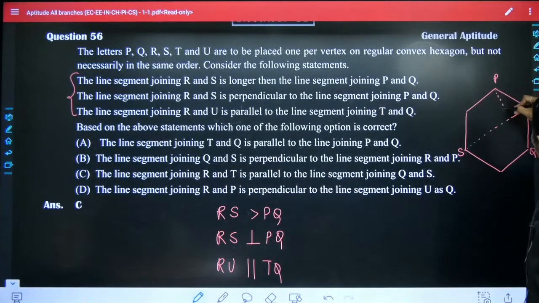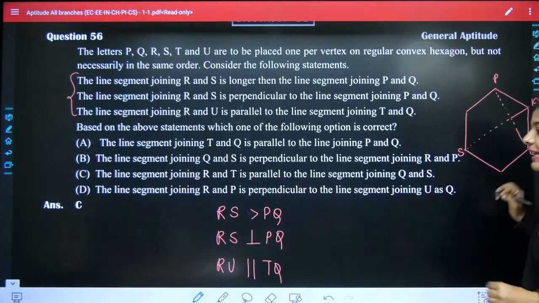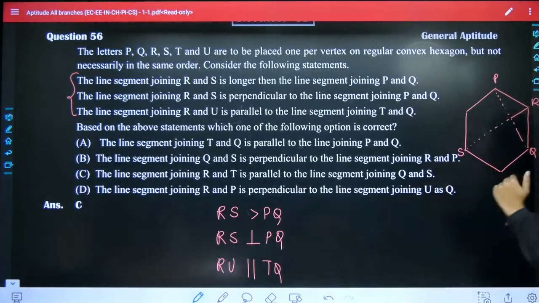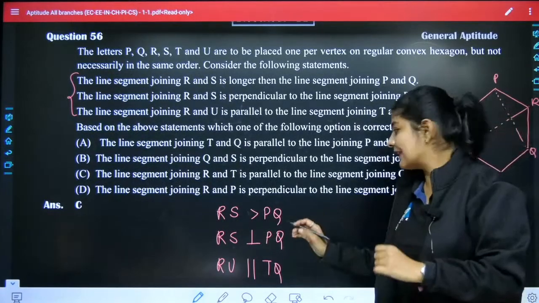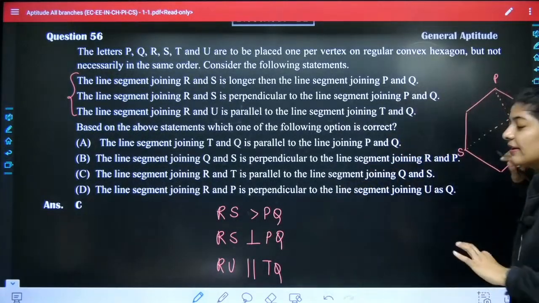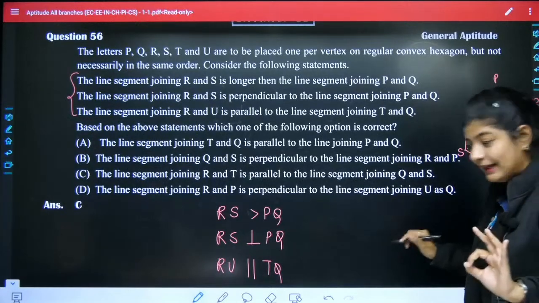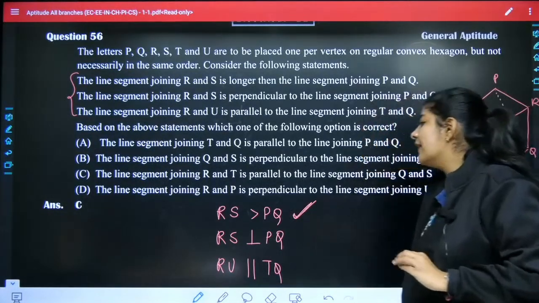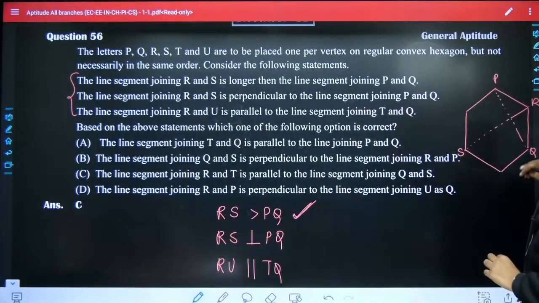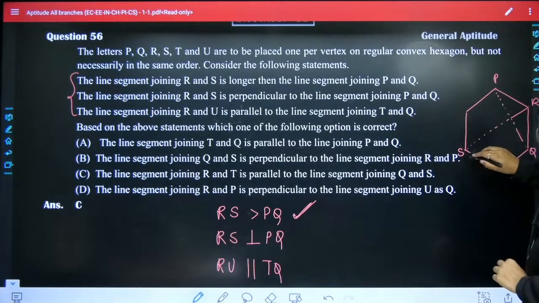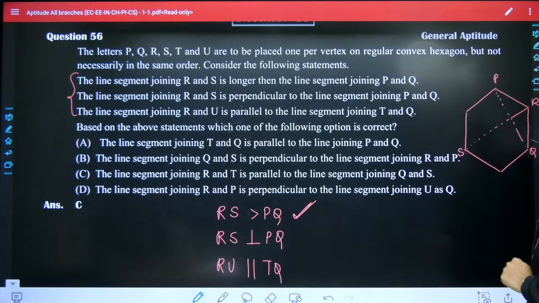If we find the distance between SR and PQ, it is clearly seen that RS is the diagonal. That means this is the longest side, so this condition is satisfied. Now RS is perpendicular to PQ. Yes, this is perpendicular to PQ.